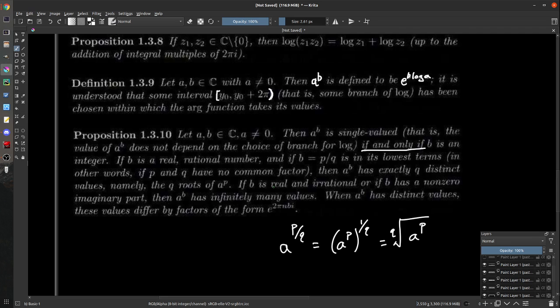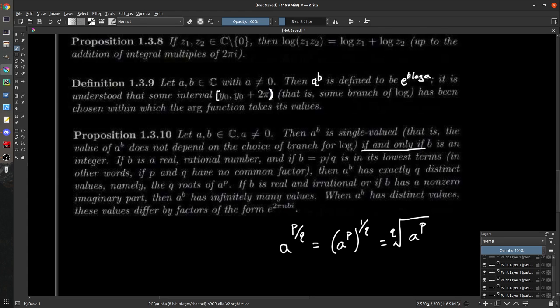And this isn't that wild. It kind of comes down to things like the choice of our branch for arg or for log. And this really is saying that when a to the b has distinct values, these values will all differ by factors of the form e to the 2 pi n b i. So this once again just means integer multiples of 2 pi, right?